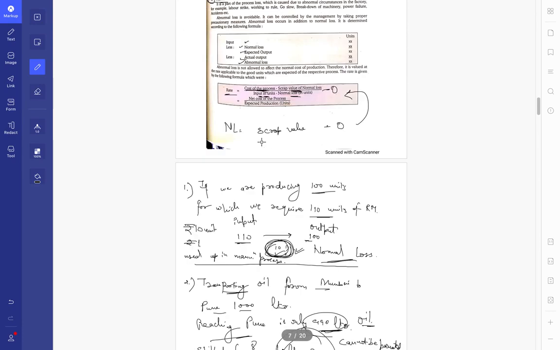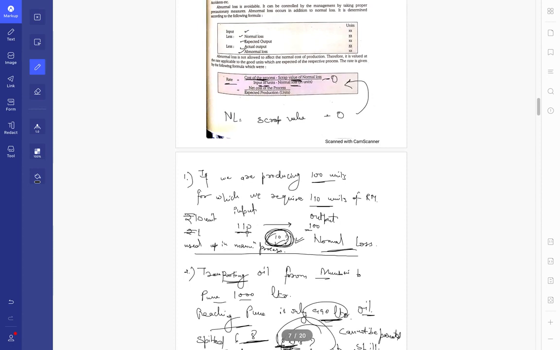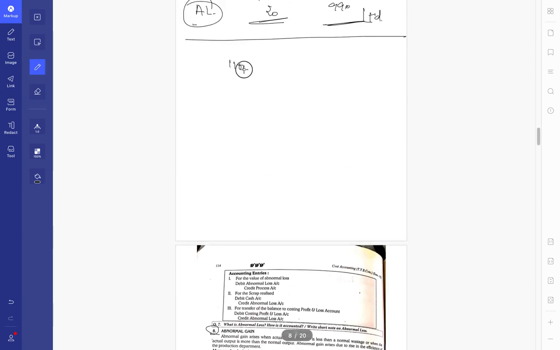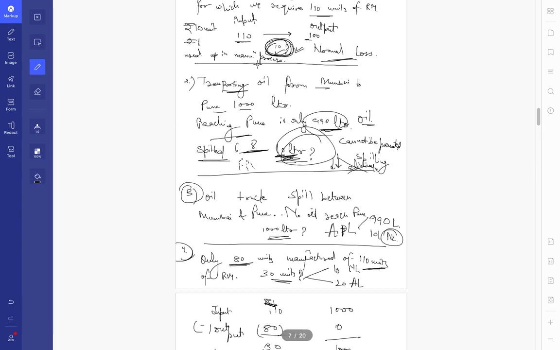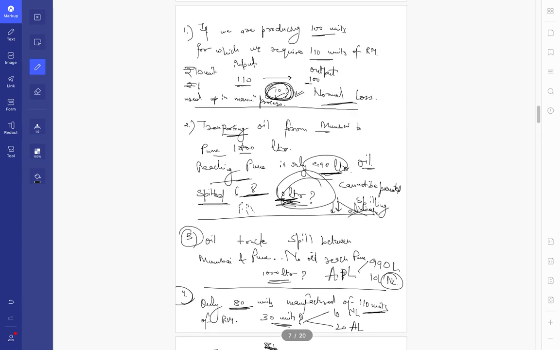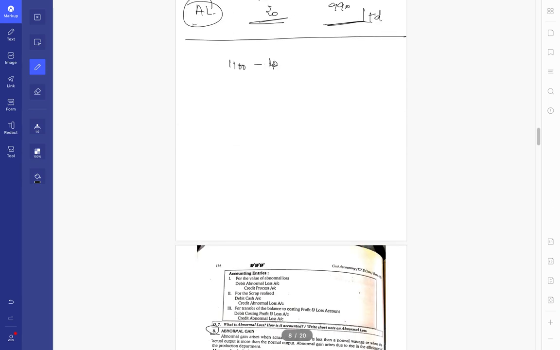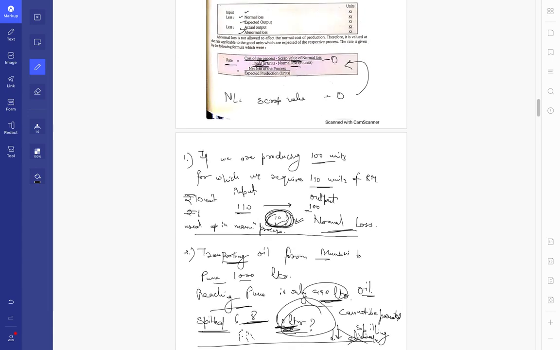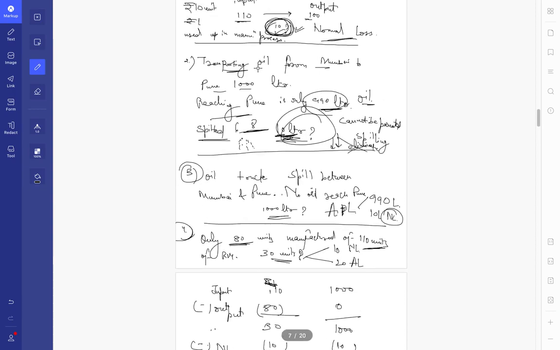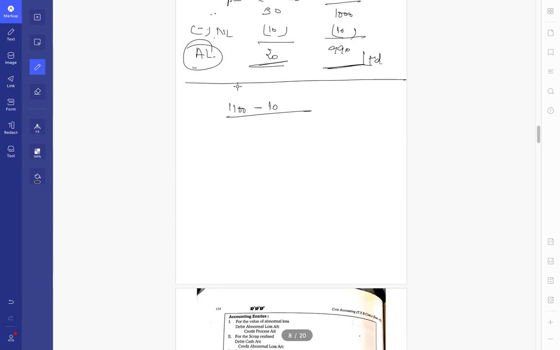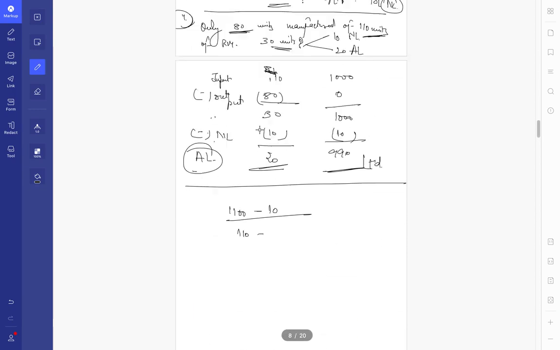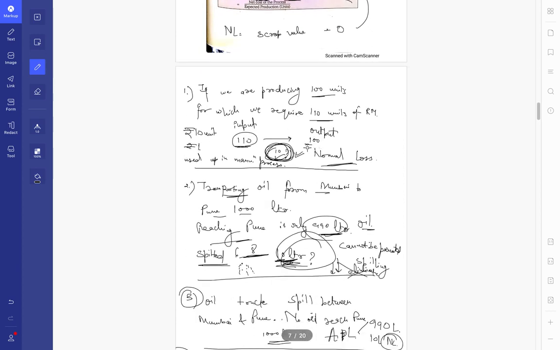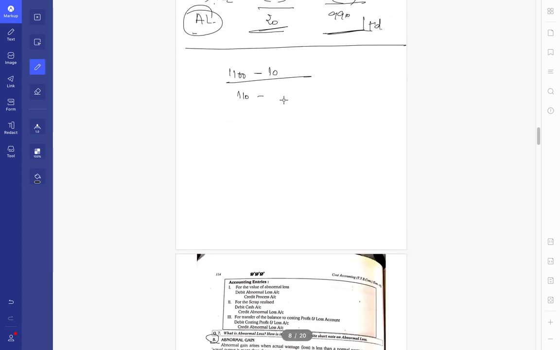So input is of 110. That would make our total cost as 1100, minus scrap value of 10 units. So what we do is we subtract 10, divide by the input in units. How many units did we input? 110, minus normal loss in units, and normal loss we found out was 10.